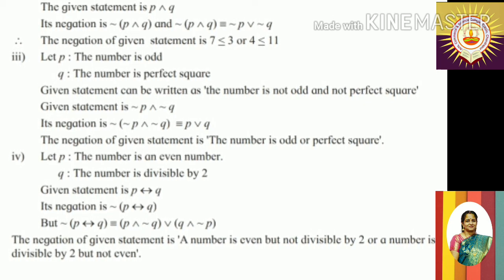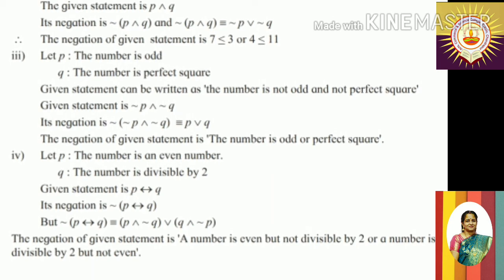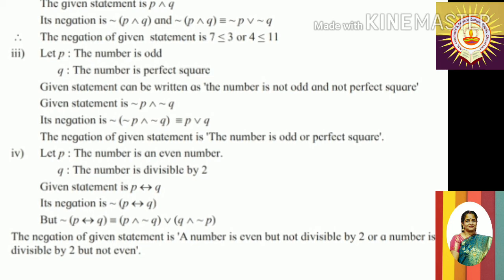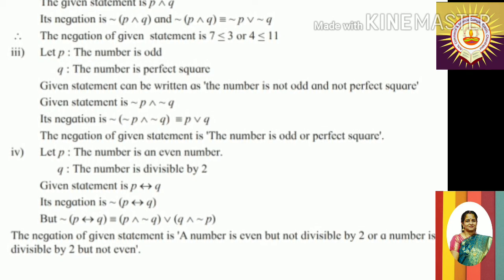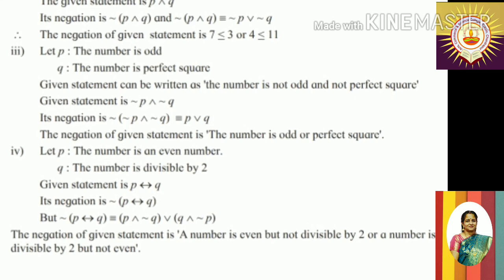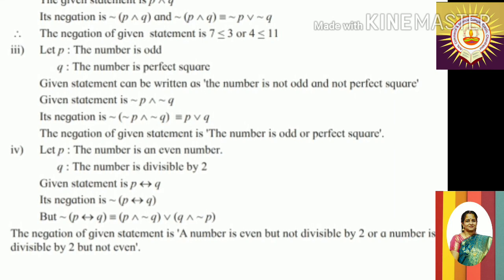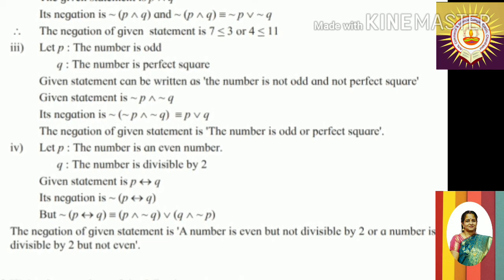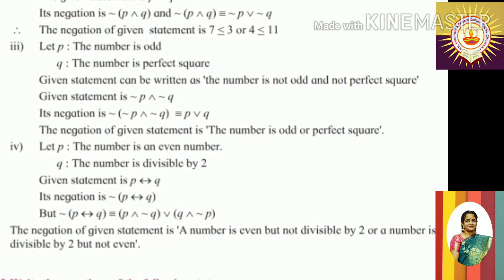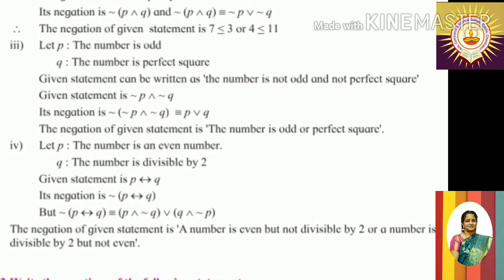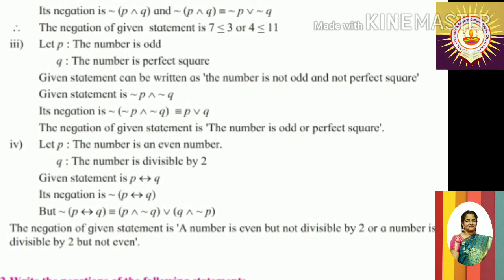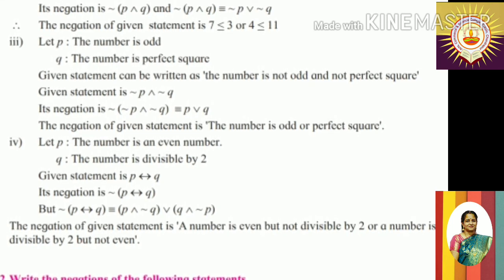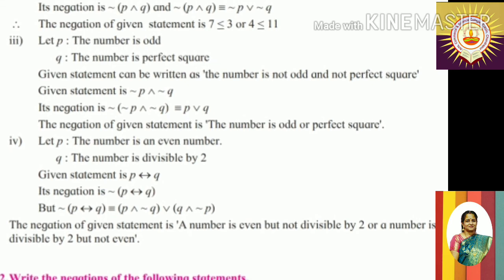So the given statement is P biconditional Q. We know the negation of P biconditional Q is equivalent to P and negation Q, or Q and negation P. Therefore, the negation of the given statement is a number is even but not divisible by 2, or a number is divisible by 2 but not even.